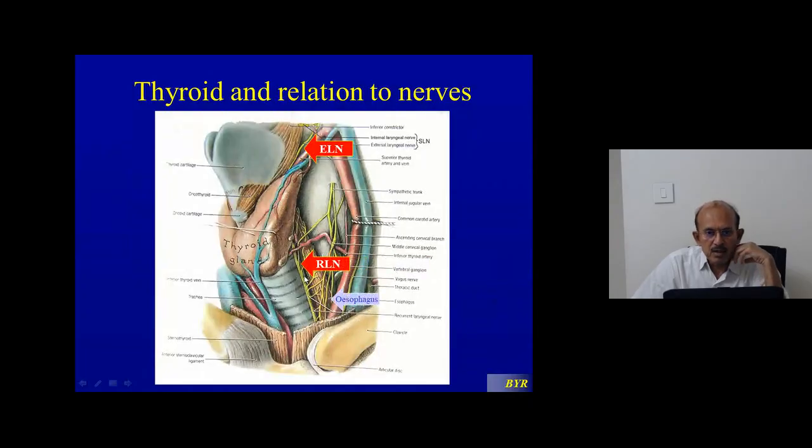This recurrent laryngeal nerve, while it is going upwards, gives off multiple branches to the esophagus and to the trachea also. And it gives two larger branches just behind the thyroid gland. So you don't find a single nerve there. You find a nerve which is giving off small branches here and there.